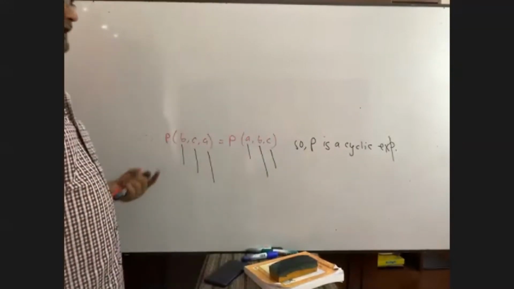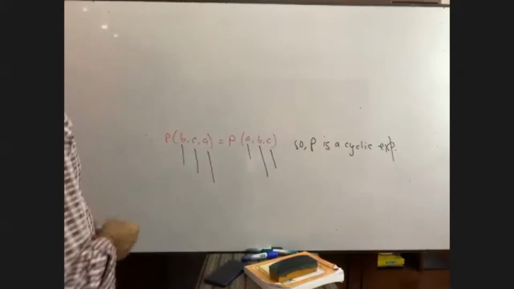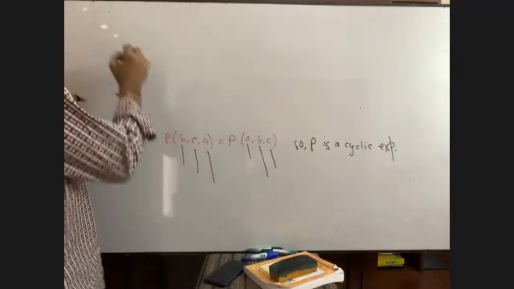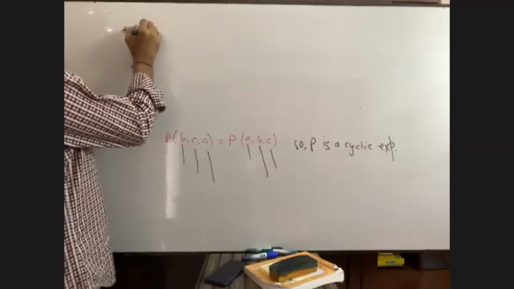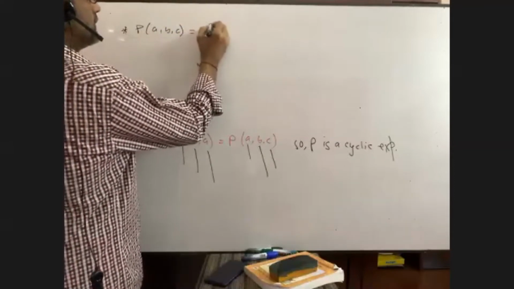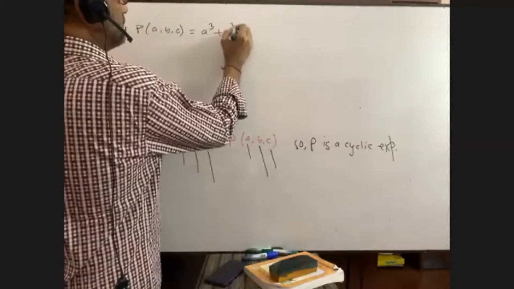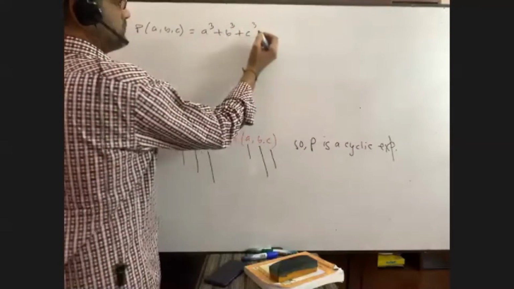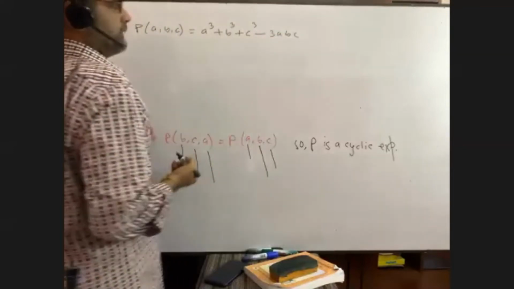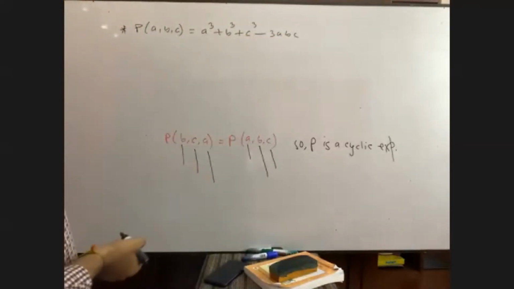I don't know whether you are getting it or not. Anyway, again you see, P of ABC equals A cube plus B cube plus C cube minus 3 ABC, right? It is again given, suppose.